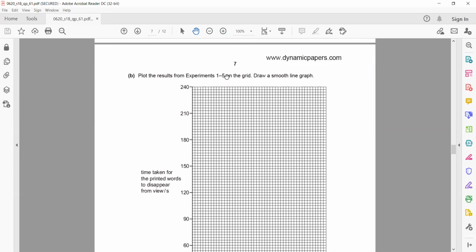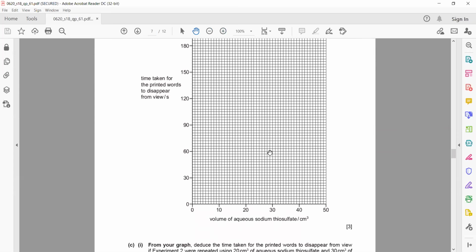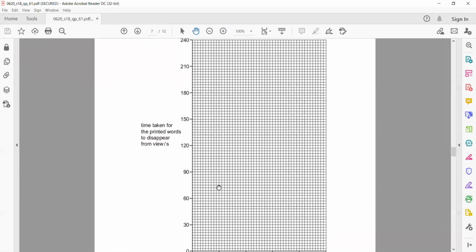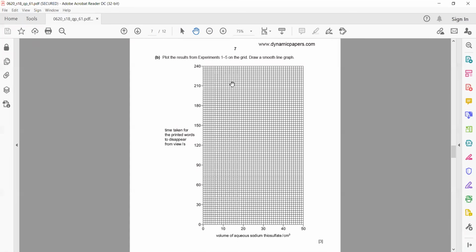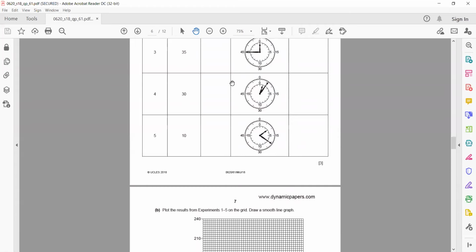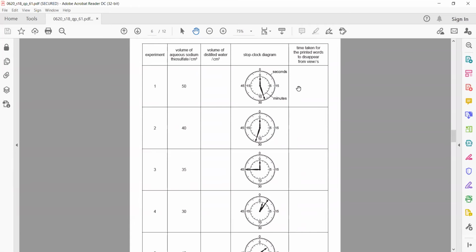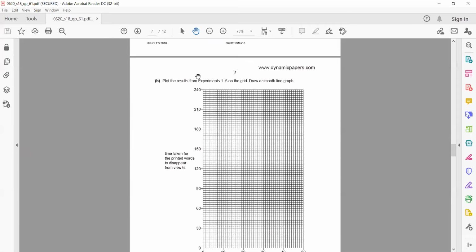Then from these results, draw a smooth line graph of the volume of thiosulfate against the time it takes for the printed text to disappear. Volume of thiosulfate 50 and it was taking 27.